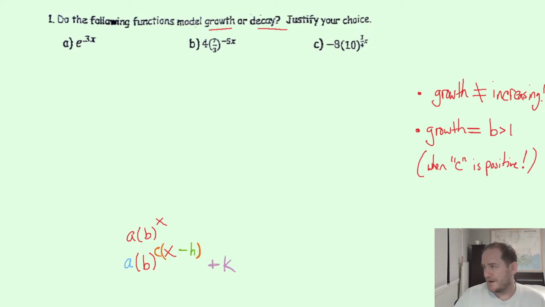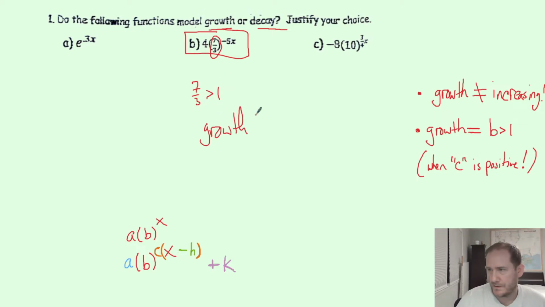So what I'm trying to say is, someone's going to fall into the trap of looking at this and saying, ooh, the base is 7/3. 7/3 is greater than 1, so this is growth. And you're going to be all proud of yourself, and you're going to be wrong. Because we can't let our exponents contain negatives. We have to resolve that negative by taking the reciprocal of the base. So before you make a decision about growth or decay, you need to rewrite this function in a simpler form.